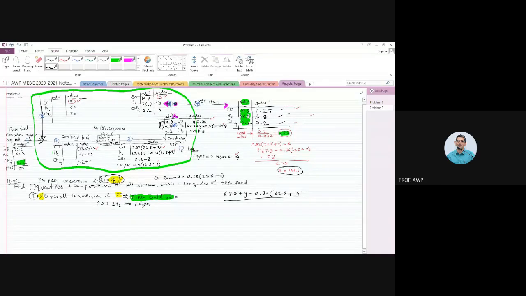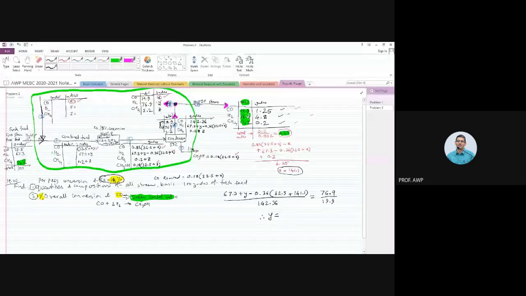That is the moles of hydrogen, and the moles of carbon monoxide are 142.36. They must be in the same ratio as the mole percents we have already got, 76.9 divided by 19.9. Therefore we can get a value of Y.